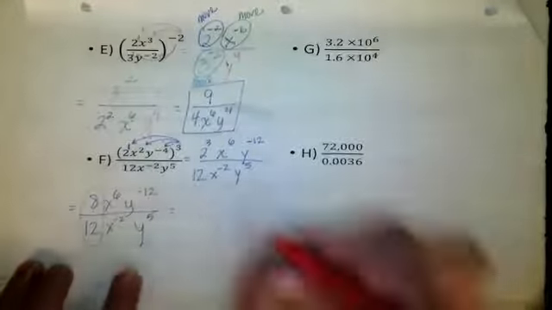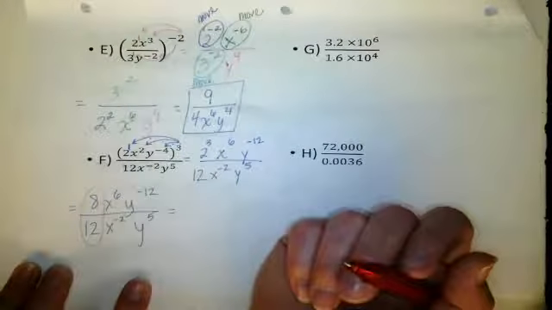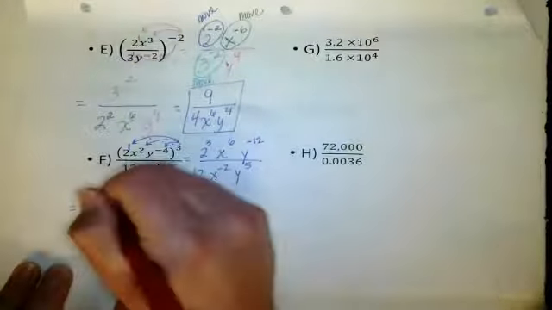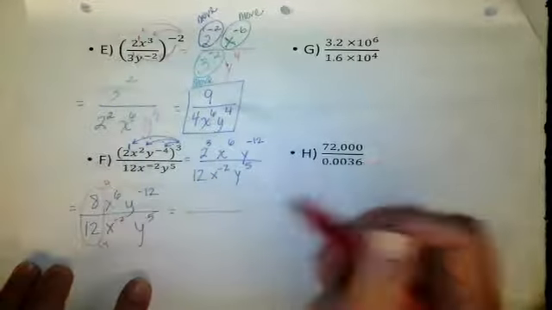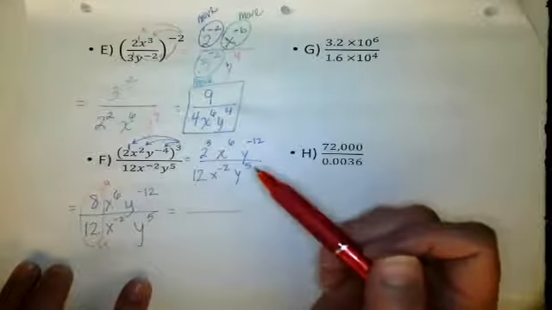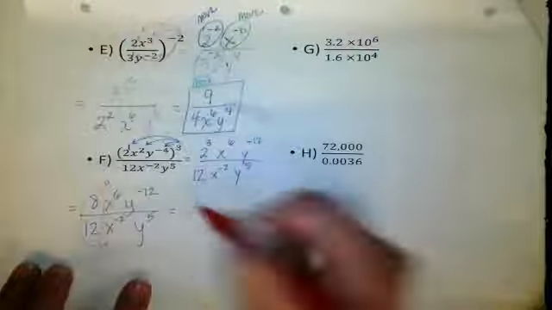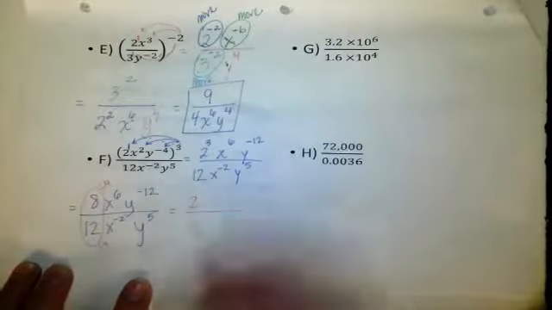What can I divide by? 4. That's right. So smart. 8 divided by 4 is 2, and 12 divided by 4 is 3.